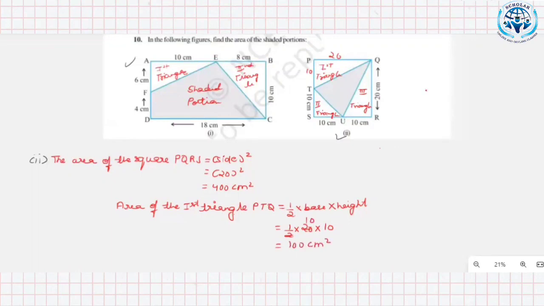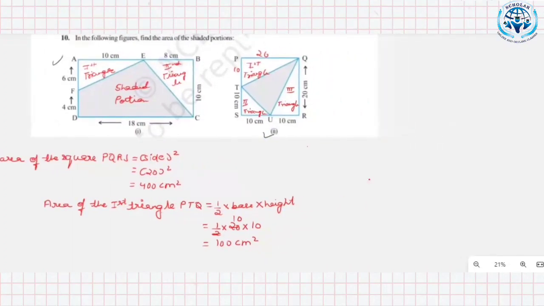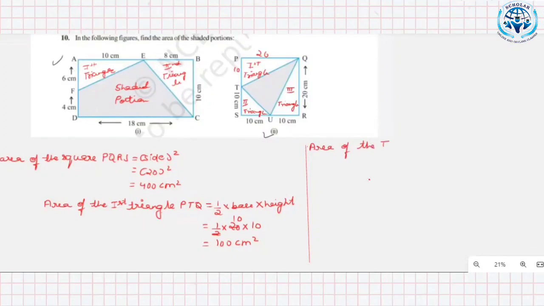Area of the first triangle is 100 centimeter square. Area of the second triangle, base is 10, height is also 10. 50 centimeter square is the area of the second triangle.